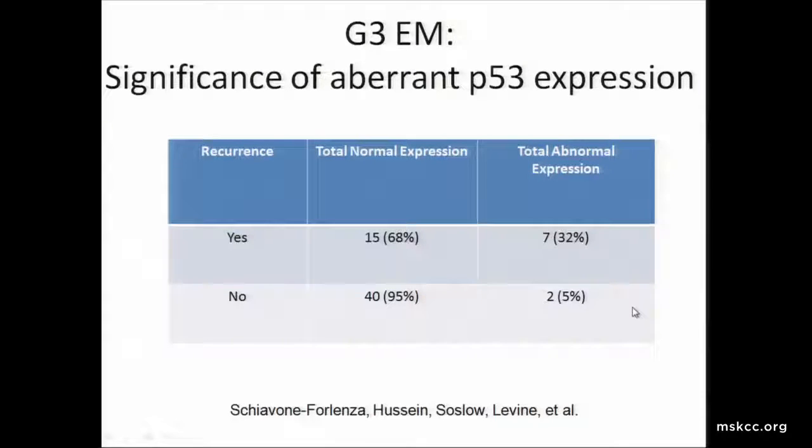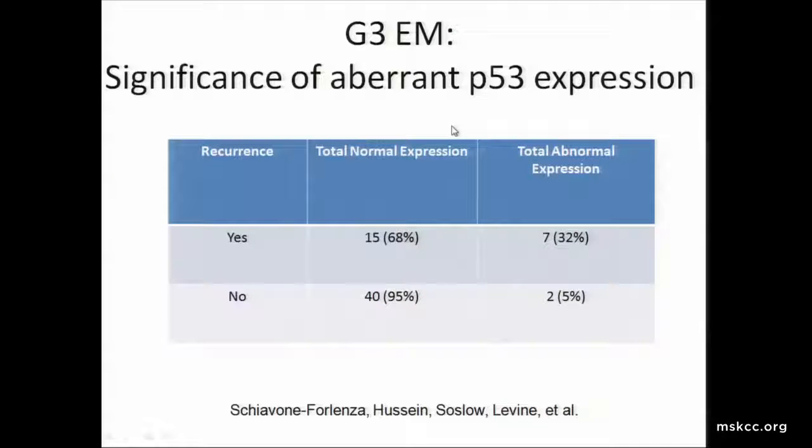And this small study that's in the process of going to publication really looked at the question of whether or not we should care about subtyping CN high tumors, whether we should care whether we're dealing with a P53 mutated grade 3 endometrioid carcinoma or a serous carcinoma. And the answer is maybe not.